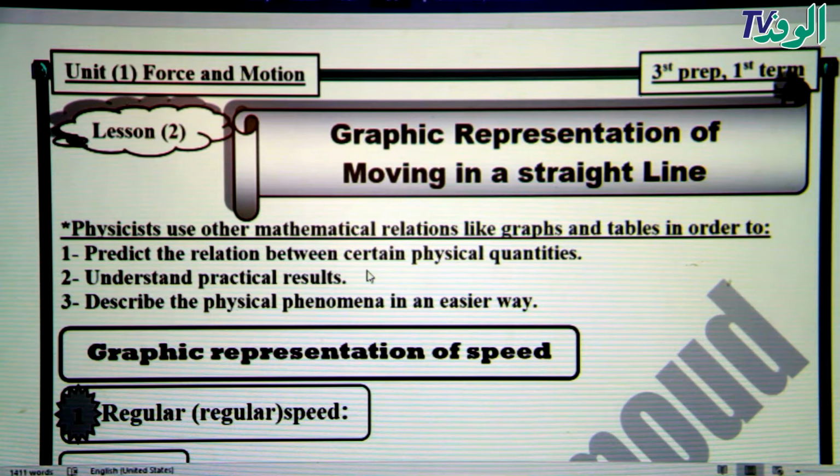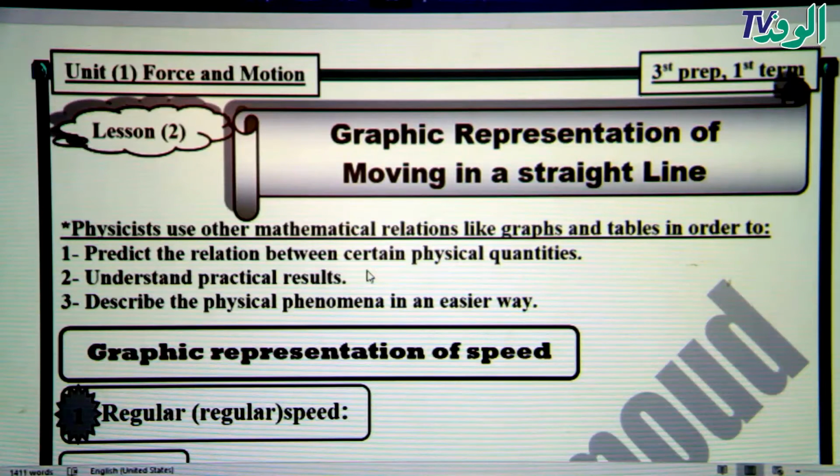Number two, understand practical results, the results which we get through specific practical experiments.